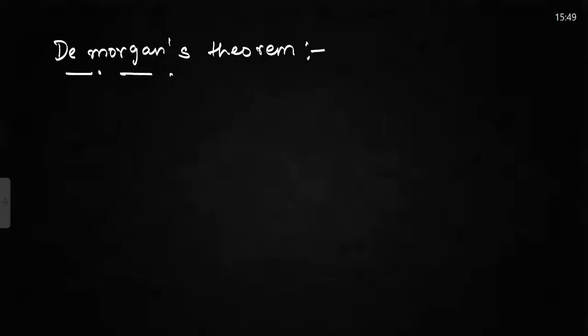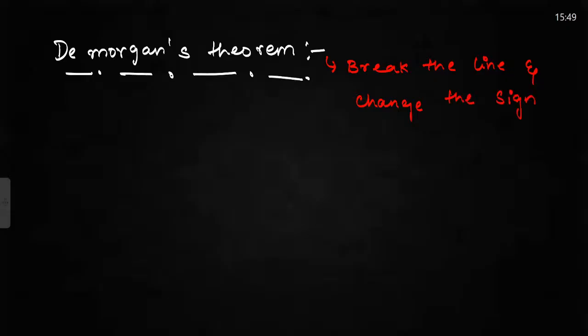And then next we will have De Morgan's law, or De Morgan's theorem, or law, you can call it anything. For this there is a title line: break the line and change the sign.